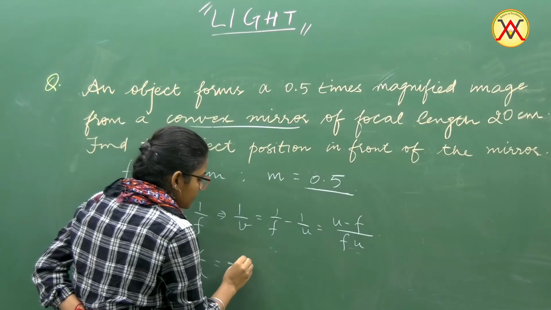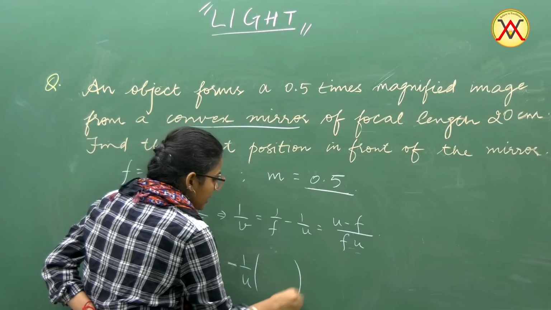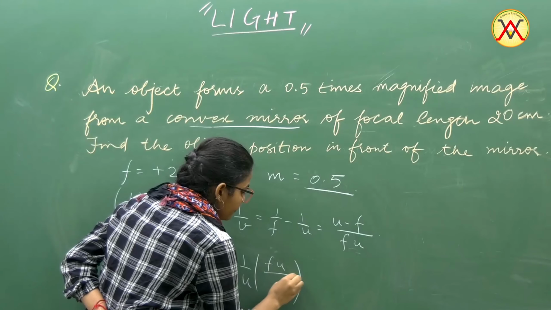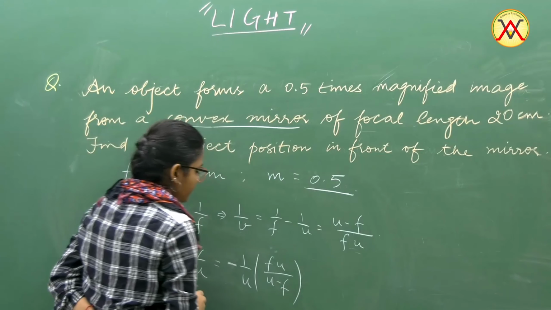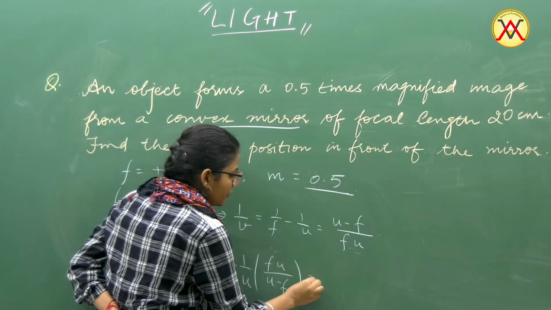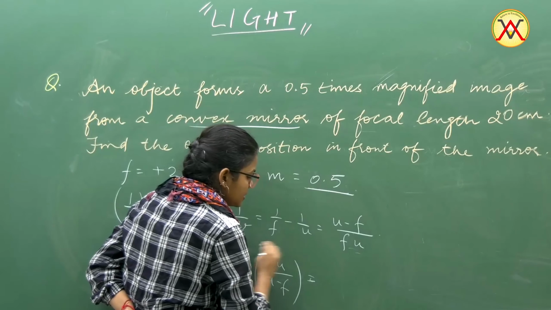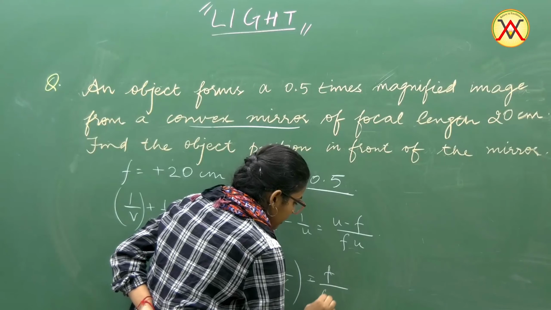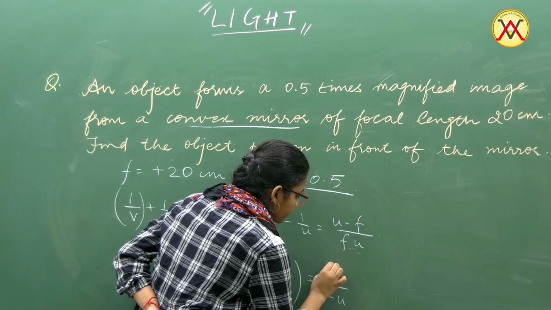So instead of v, we will be taking fu upon u minus f. Solving it, we would get the expression as f upon f minus u.